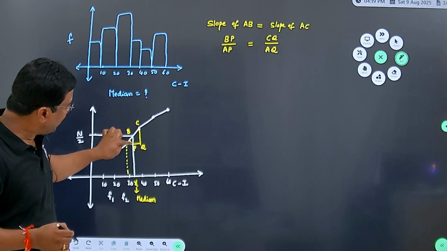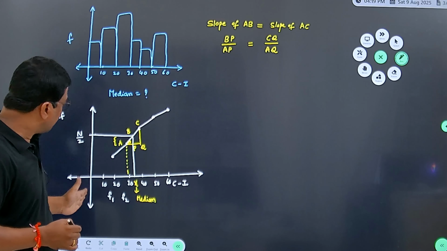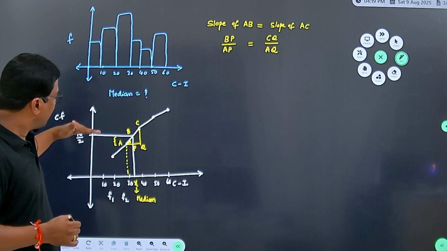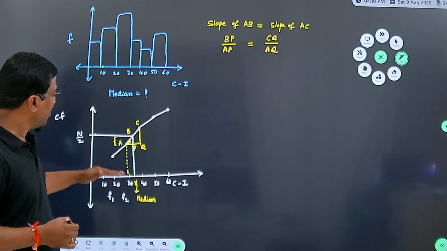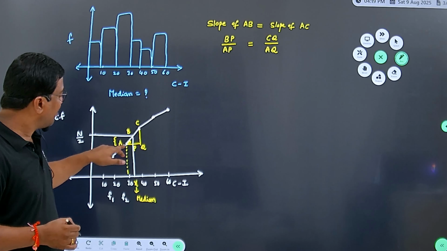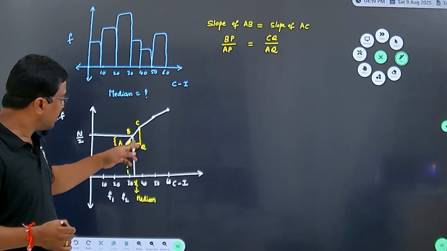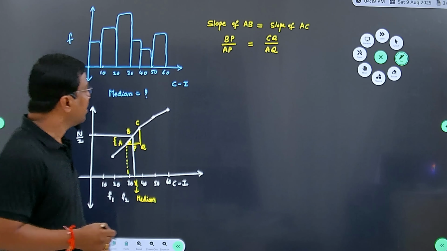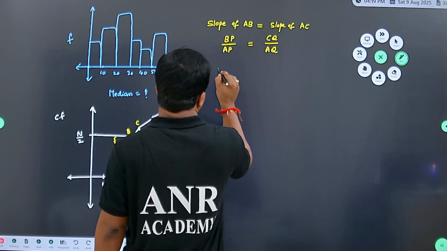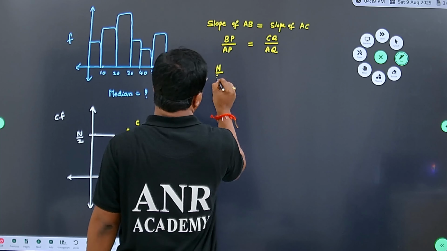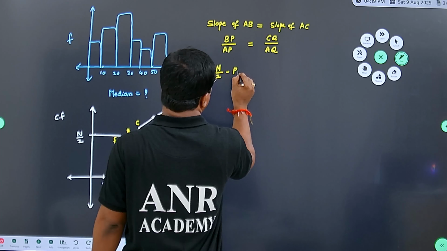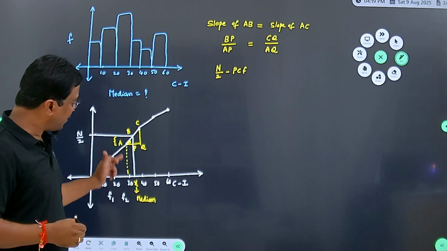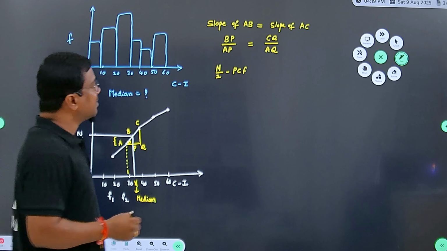Here B to P, the distance is along the direction of cumulative frequency. Up to B the cumulative frequency is n by 2, and up to P the cumulative frequency is the preceding cumulative frequency of the median class. So here I am going to write BP as n divided by 2 minus the preceding cumulative frequency of the median class.